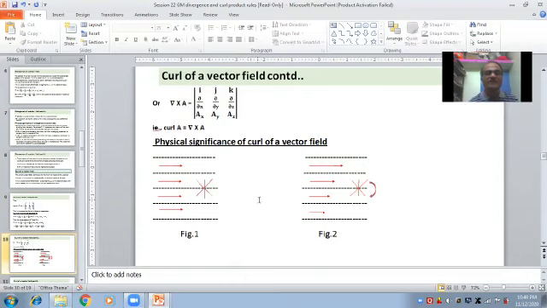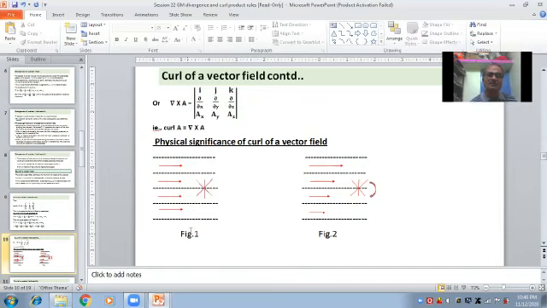Here we are going to see the physical significance of this curl of a vector field. In the diagram we have shown the flow of a liquid. These dotted lines indicate the different layers of a fluid.